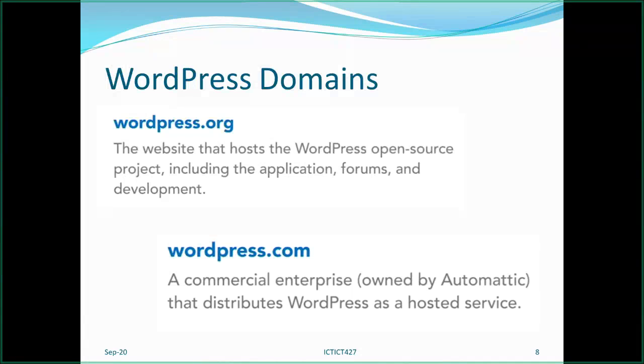So this is the organization that also oversees the development of WordPress as an application. Then you've got WordPress.com, which, if you're like me, the first site you went to was that one. It's the commercial side of it, which is owned and run by Automattic, which provides WordPress as a hosted service. So it's software as a service.